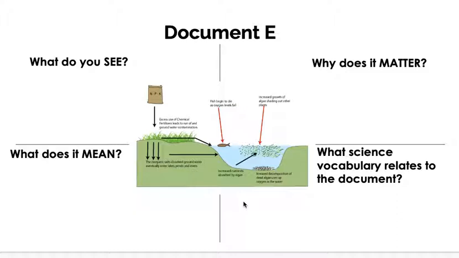What does this mean? Well, algae here, it says that it's growing and it's blocking the sunlight from the other plants. So other plants and other organisms in the water need that sunlight in order to thrive and produce oxygen.